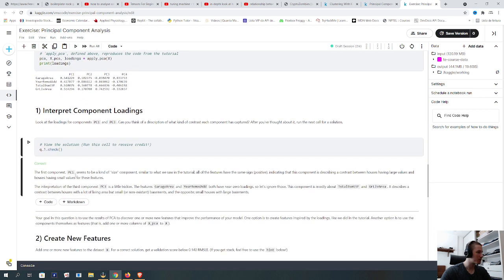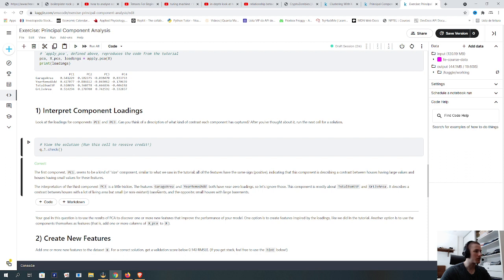The first component, PC1, seems to be a kind of size component, similar to what we saw in the tutorial. All of the features have the same sign, positive, indicating that this component is describing a contrast between houses having large values and houses having small values for these features. The interpretation of the third component is a little trickier.